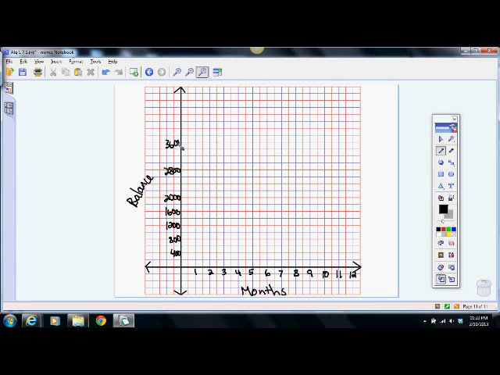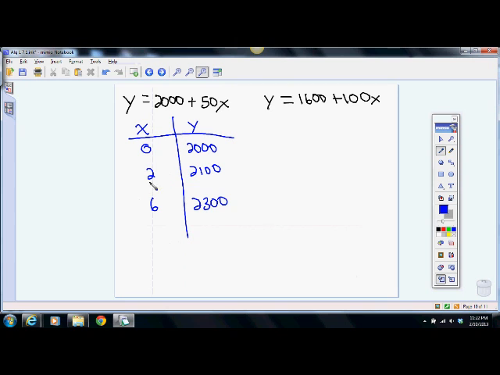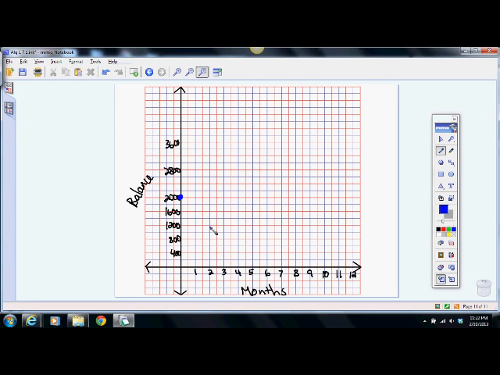Okay, so again, plotting our points, 0, 2,000 for Bryce. And again, if we just did slope, we have to be careful what our grid lines represent. But if I plot the point 2, 2,100, remember I went by 200s actually, so that'd be right here.